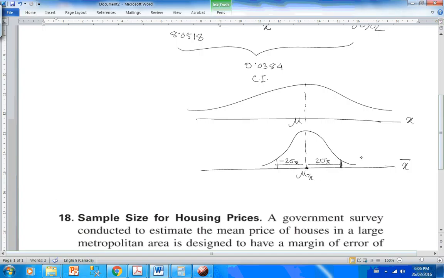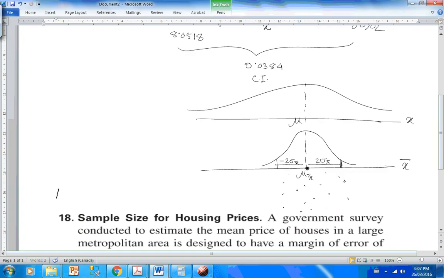So that means that out of all these possible thousands of x bars, suppose these dots are different x bars that I can possibly estimate from different samples. Out of all these thousands of x bars, 95% would be found within this plus minus 2 sigma from the true population mean.